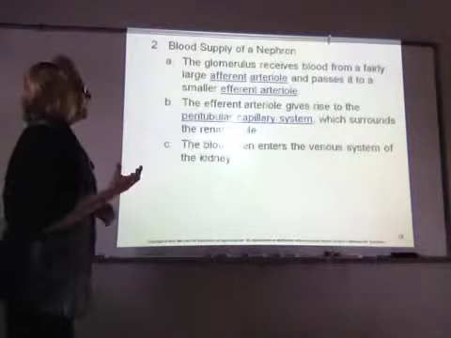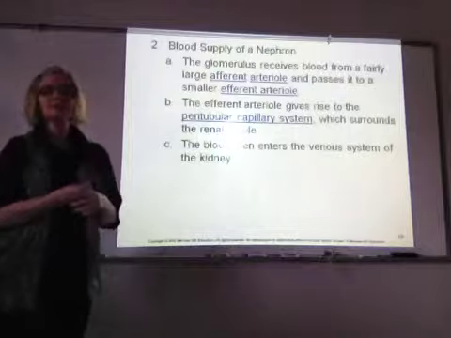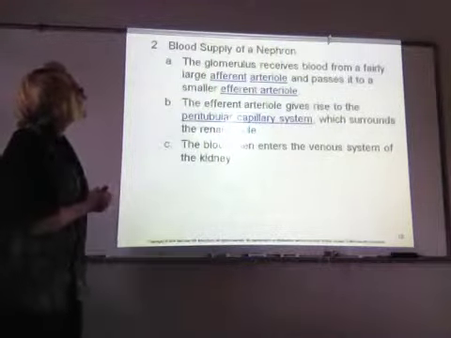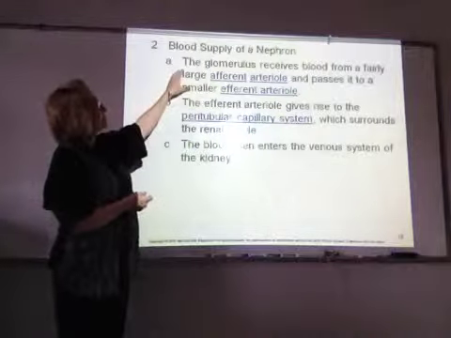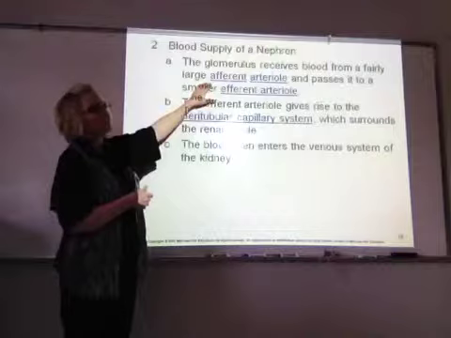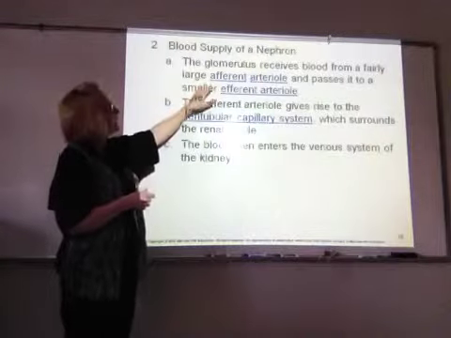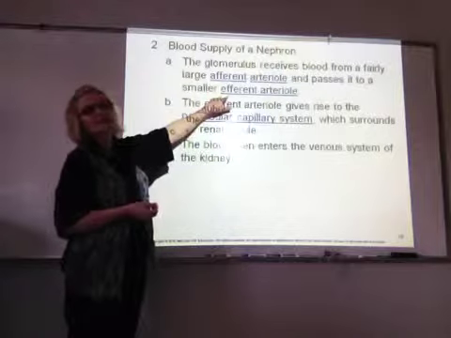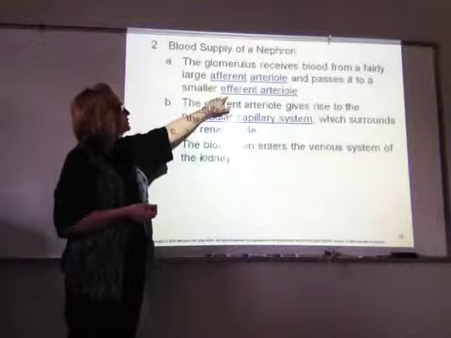Blood supply: obviously nephrons are a working structure, so they need a blood supply themselves. The glomerulus that surrounds the nephron receives blood from that afferent arteriole, we talked about that, and then it passes to a bit smaller arteriole, the efferent arteriole.